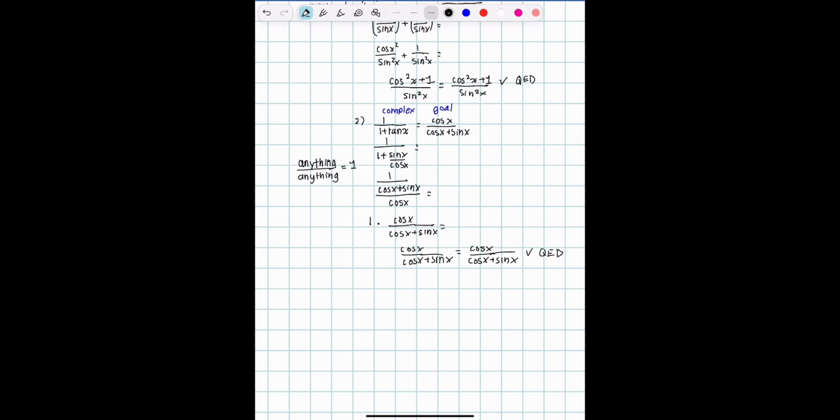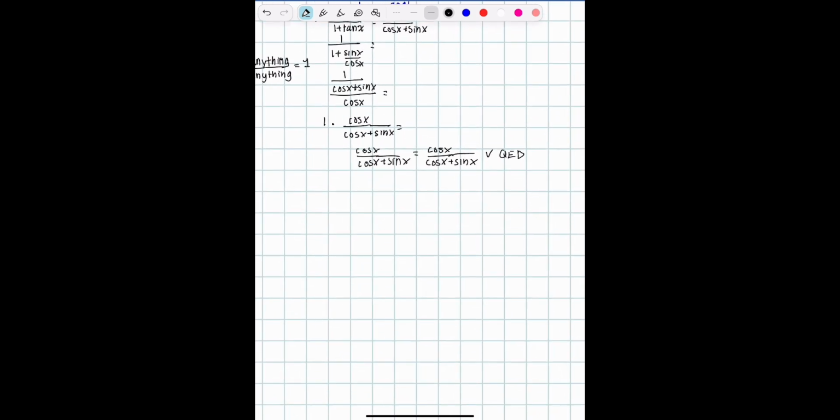Now let's continue with another problem. Let's say that we have cotangent squared of x divided by 1 plus cosecant x is equal to 1 minus sine of x over sine of x.